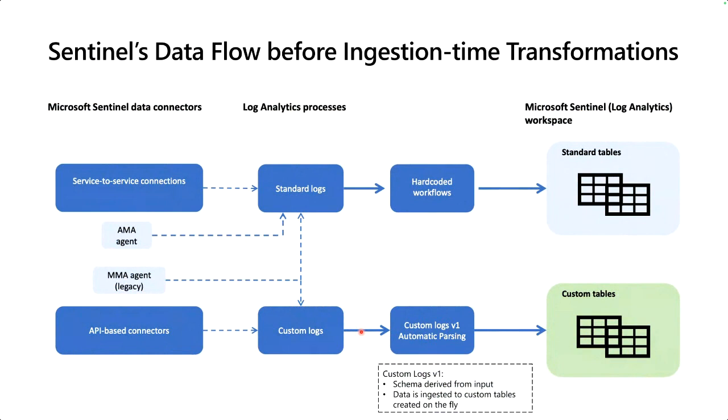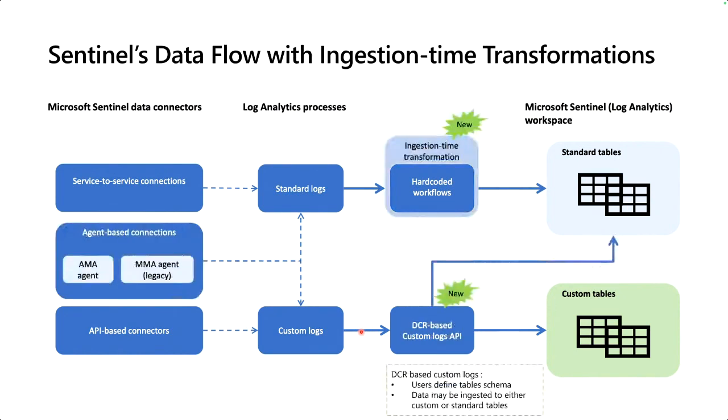For those, we used to see a suffix called CL, custom label, right, for all the data in the Sentinel log analytics workspace. But now Sentinel has something which is called the DCR-based custom logs API, which is used to define table schema, and also data might be ingested to either custom or standard tables. So it is much richer capabilities.